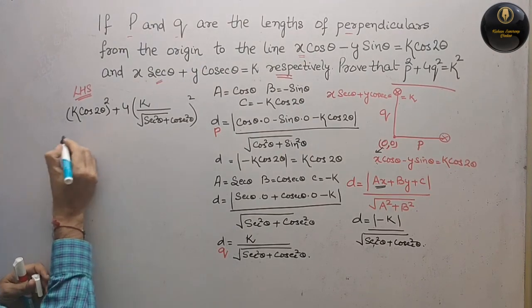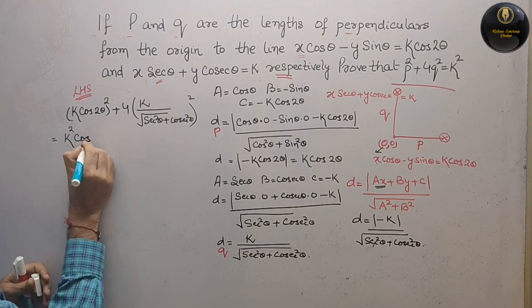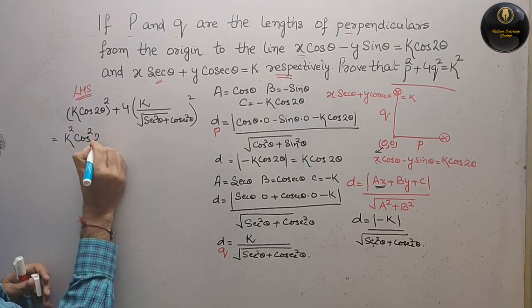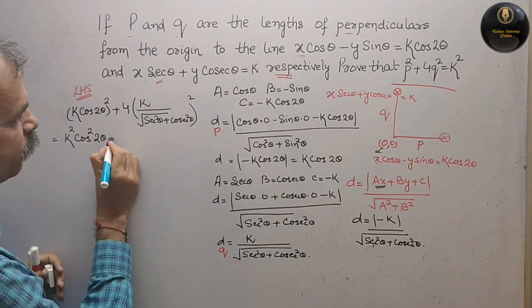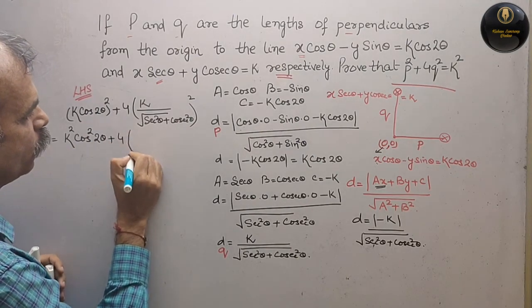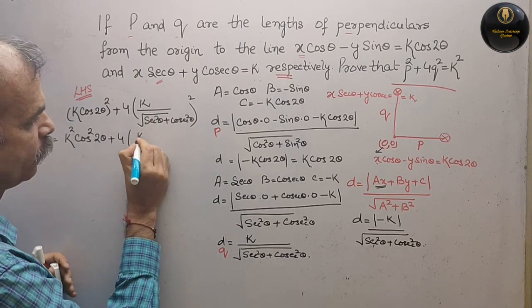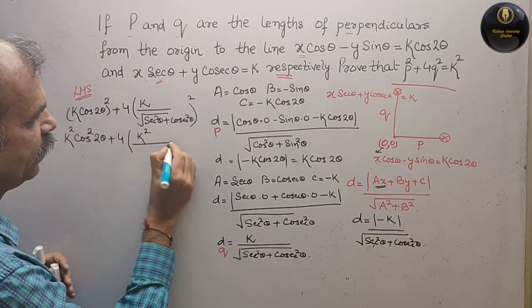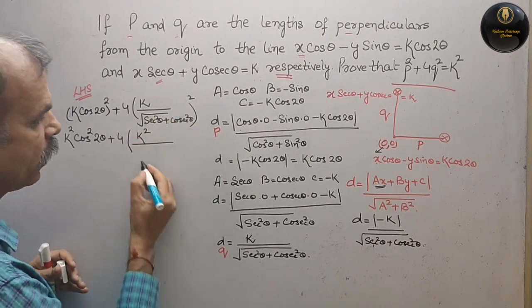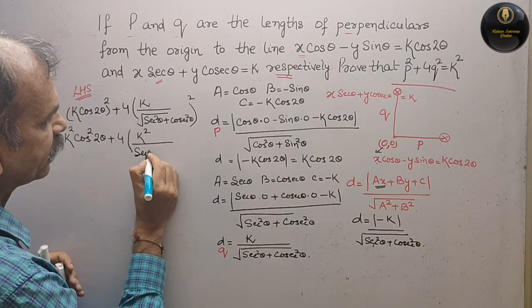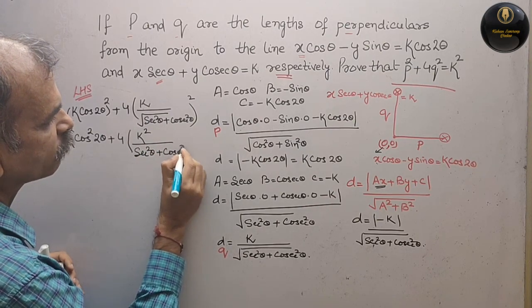We will get k square cos square 2 theta plus 4 into k square by, the square root and square cancel, sec square theta plus cosec square theta.